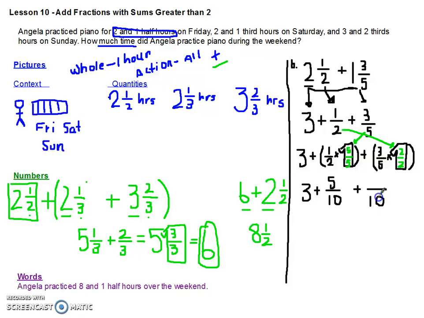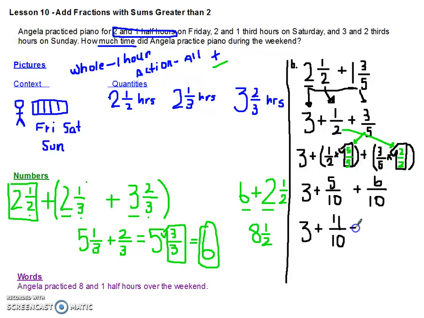So you'll notice that now we have like units, like denominators. And then out of this one, we have 3 times 2, which is 6 parts. So now I have 3 plus my fractions, and my denominator stays the same because I'm not changing the parts in my whole, but I add the top parts for what I have, and I have 11.